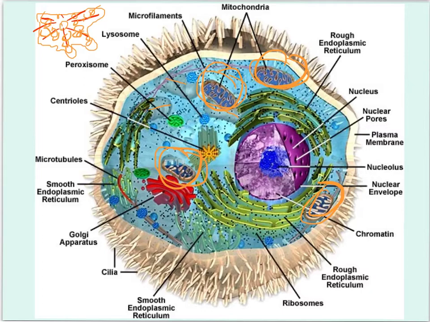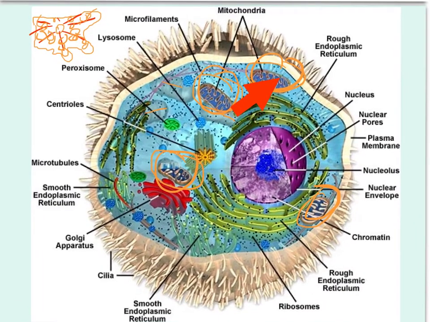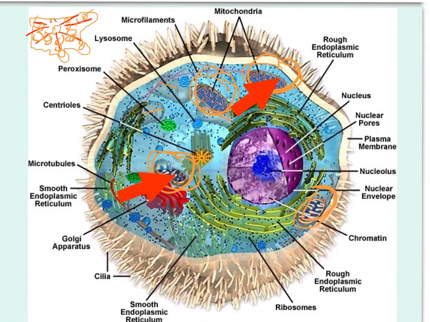So this rough endoplasmic reticulum probably gets its energy from this mitochondria. This Golgi body probably gets its energy from, hold on, just figuring this out still, this mitochondria. And this smooth endoplasmic reticulum probably gets its energy from this mitochondria. So they're scattered all throughout the cell so they can share and share alike.